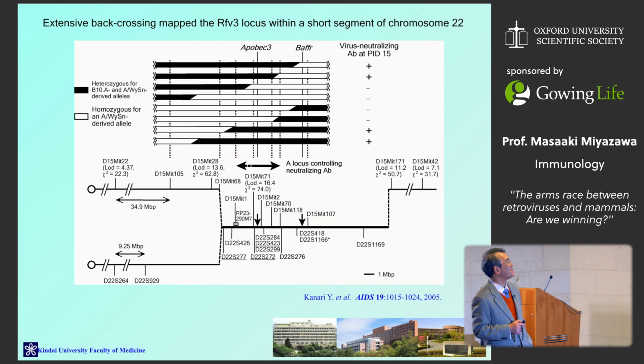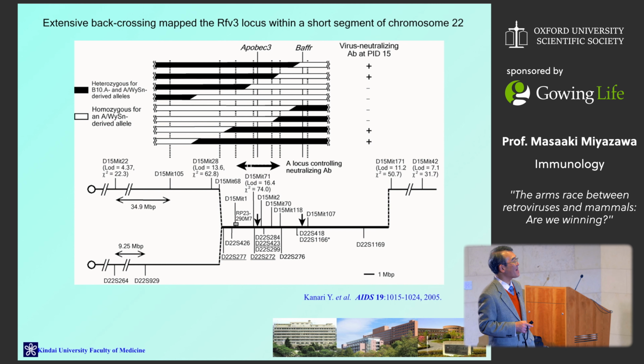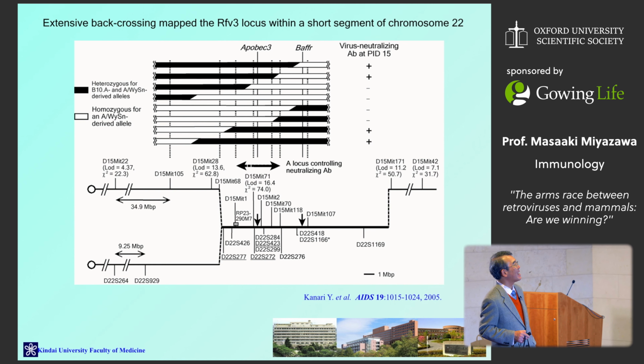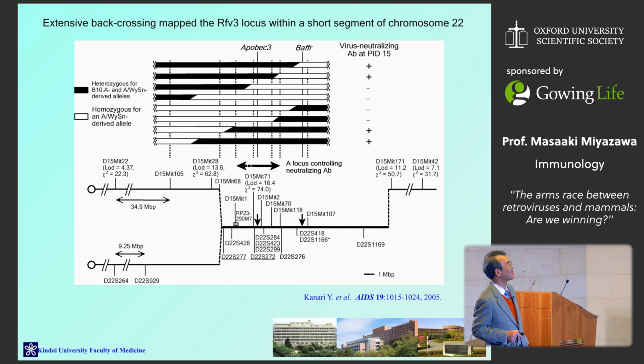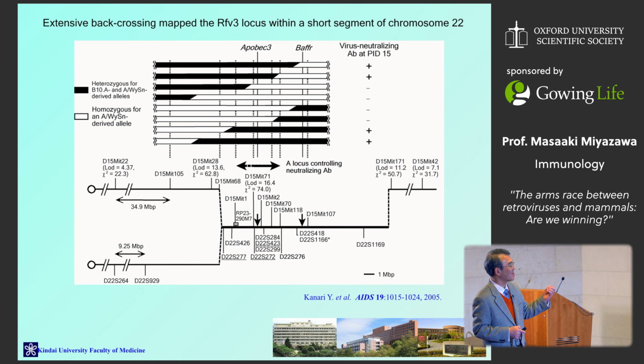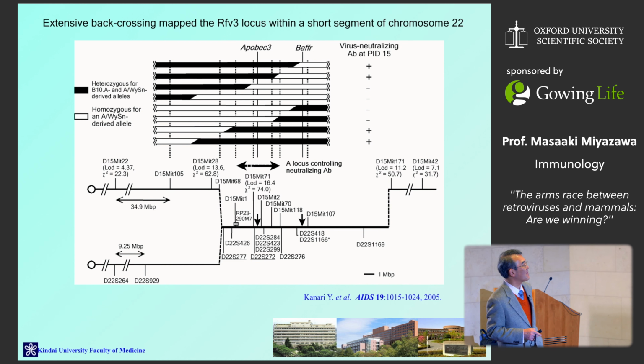Okay? So this is a classic genetic mapping experiment, and we finally narrowed down the area of the chromosome which harbors the neutralizing antibody controlling gene into this short segment of chromosome 15.